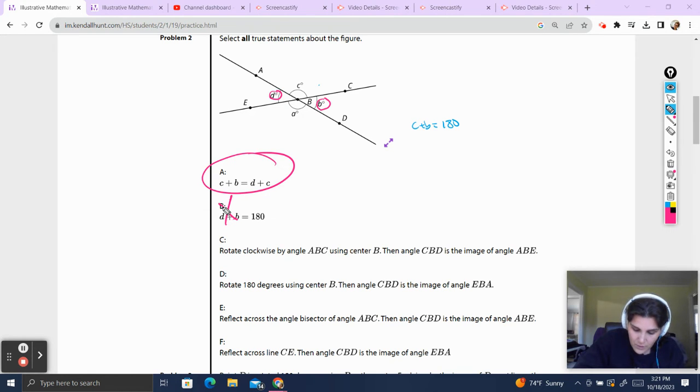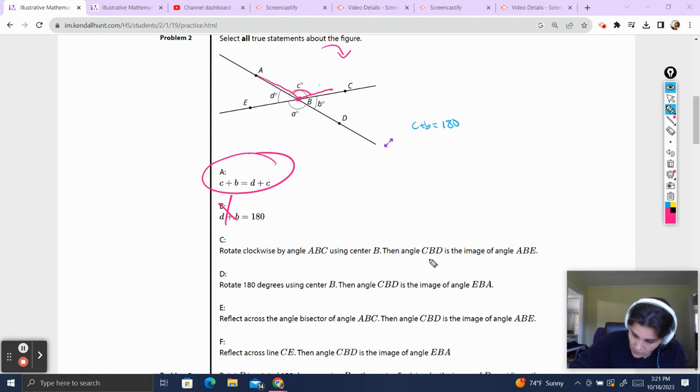C. Rotate clockwise by angle ABC using center B. Then angle CBD is the image of angle ABE. So we're going to rotate the whole figure, I'm assuming. We're going to go clockwise. So clockwise is that direction. The center we're talking about is center B. So we're going to rotate by angle ABC.